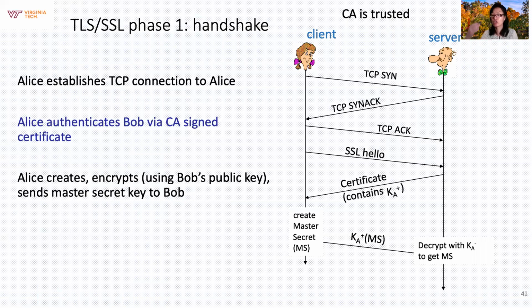Then the server sends the certificate, and of course you have no idea this is happening because your browser is handling this. The browser downloads the certificate, which contains the public key of the server, and the browser verifies the certificate against the CA's public key.